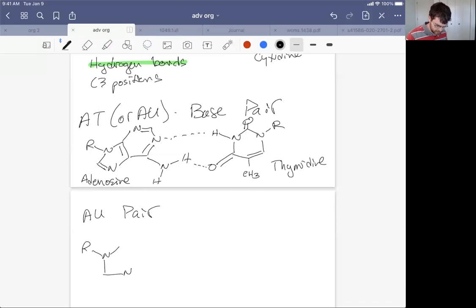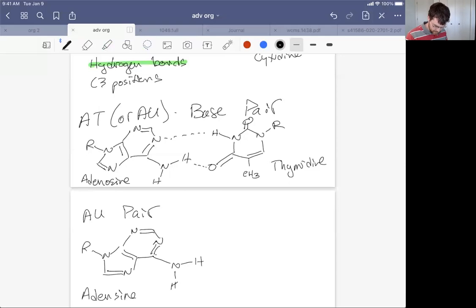Just gives us more opportunity to draw adenosine per tuition dollar. Okay, so there is adenosine.